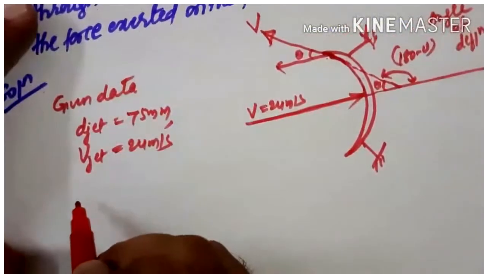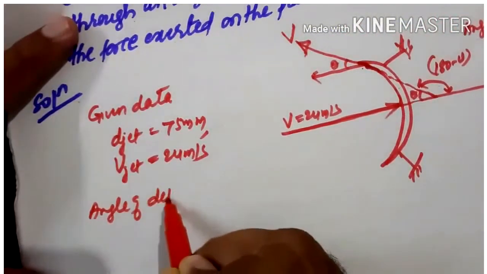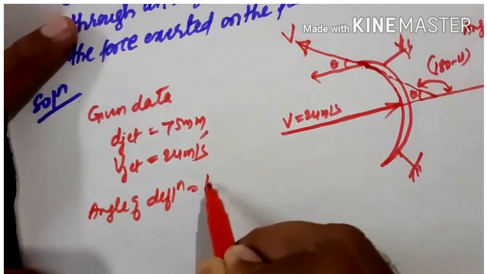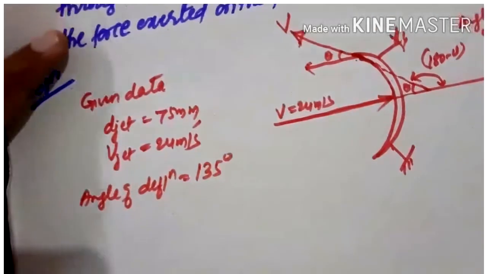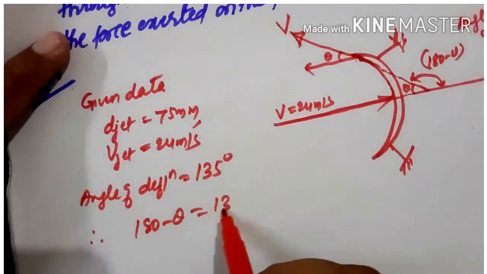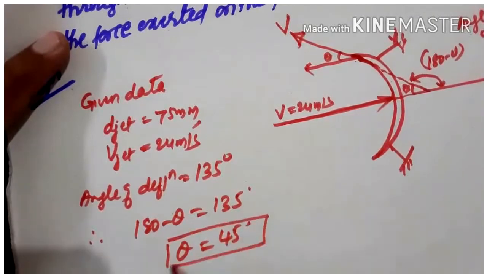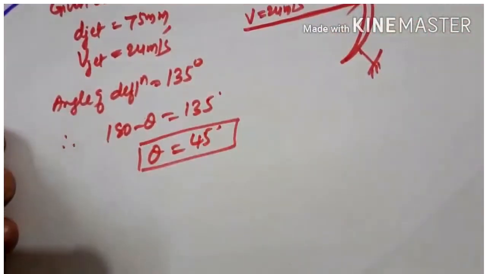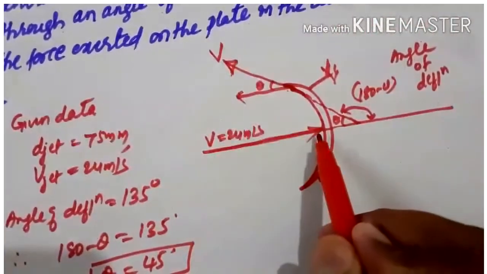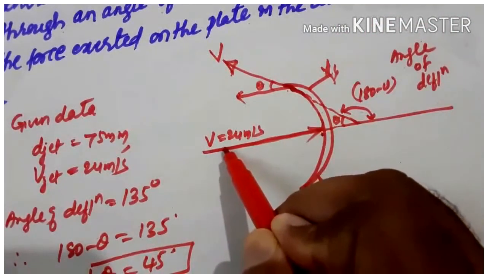So in this problem, the angle of deflection is given, that is 135 degree. Therefore, 180 minus theta is 135 degree. Therefore, theta will be 45 degree.